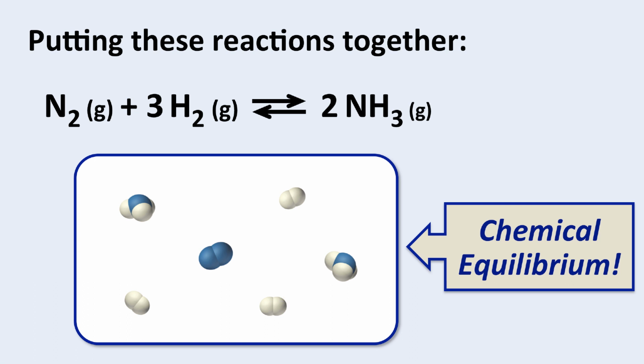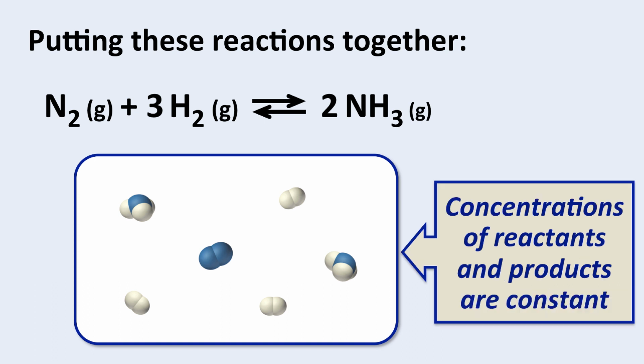And what characterizes this chemical equilibrium is that the concentrations of the reactants and the products are all constant. So when chemical equilibrium is reached, the concentration of nitrogen will be constant, the concentration of hydrogen will be constant, and the concentration of ammonia will be constant.